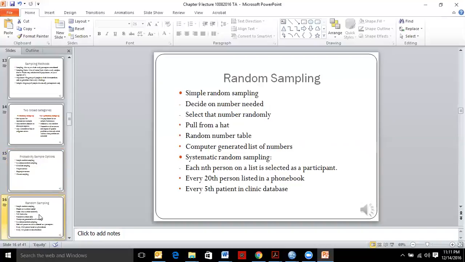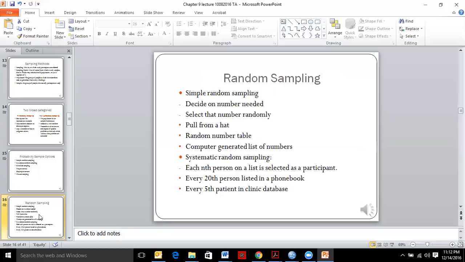In simple random sampling, we decide on the number that we need for our study, and we select that number of participants randomly. For example, we write down numbers on papers and put them in a hat, and then we pull from the hat, or we use a random number table, or we use a computer-generated list of numbers.